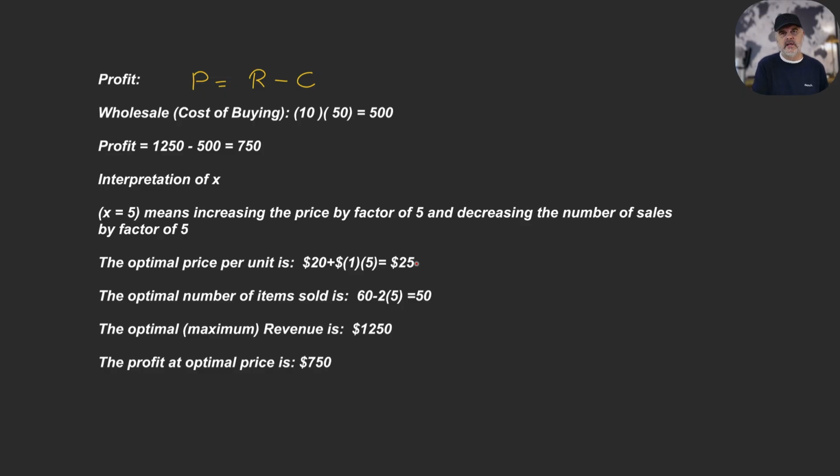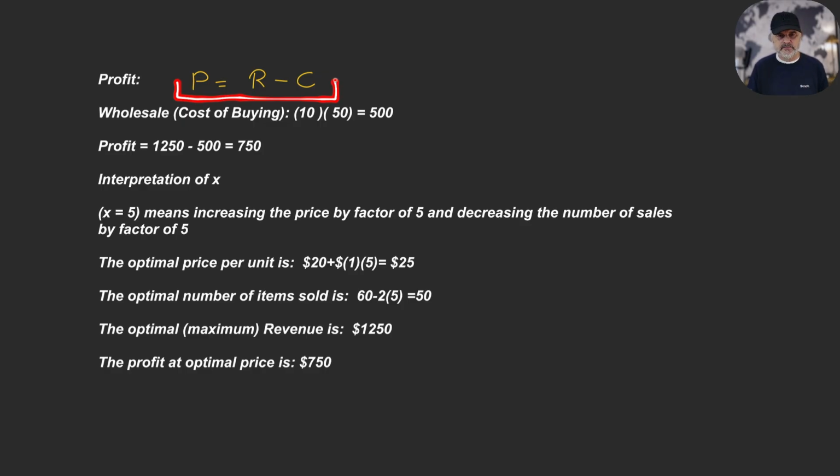So let's say you buy a book for $10 and you sell it for $20. The profit is the difference, 10 subtracted from 20, and that is your profit. You buy something for $5, you sell for $15, the profit is $10. So this is why we have profit defined as revenue minus the cost, the wholesale price, if you will.